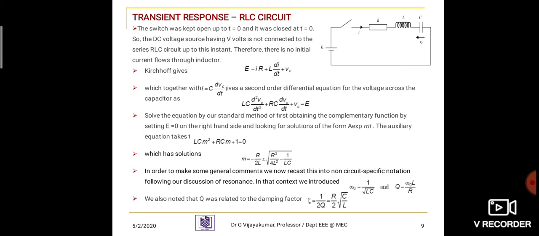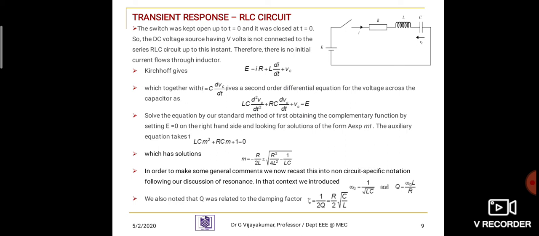As already said for the RC circuit, this gives us a second order differential equation for the voltage across the capacitor as LC d squared Vc by dt squared plus RC dVc by dt plus Vc is equal to E. We can look into the schematic sketch or pictorial representation.